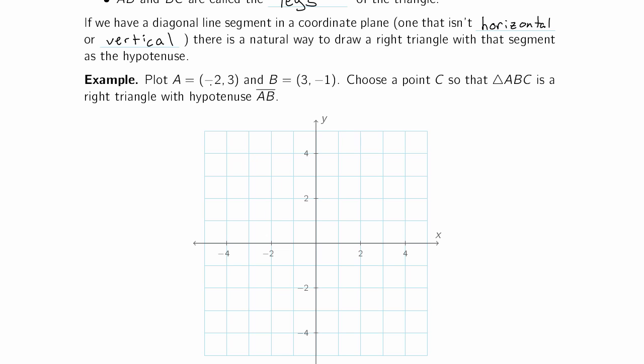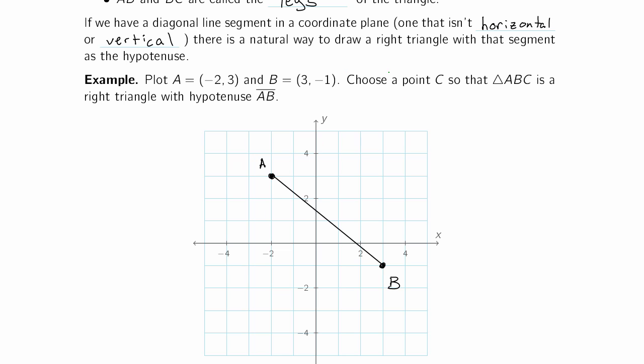So here I have 2 points. I have the point -2, 3, so that'll be here. There's point A. And then I have point B at 3, -1. Here's point B. And I can draw a segment connecting those.